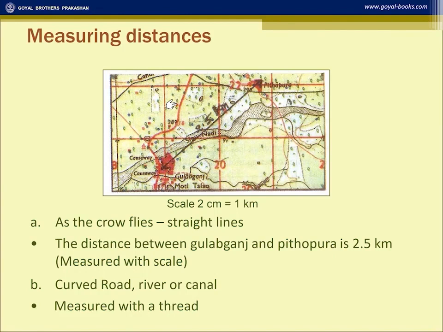Now take it to the 0 again, and on the left side see how many small boxes it is covering. Suppose it is covering 3 small boxes. So your answer would be 3 kilometers and 300 meters, or 3.3 kilometers. So with the help of a thread, you can measure the curved surfaces.